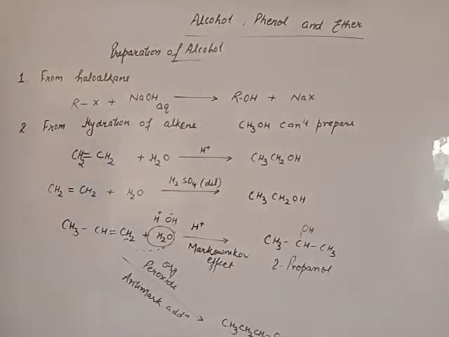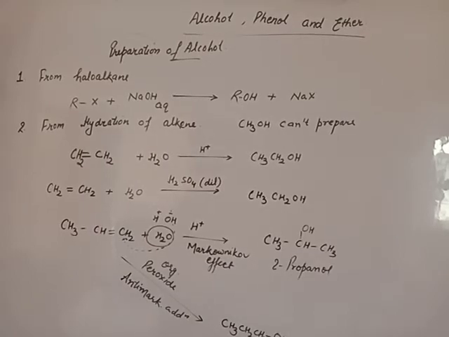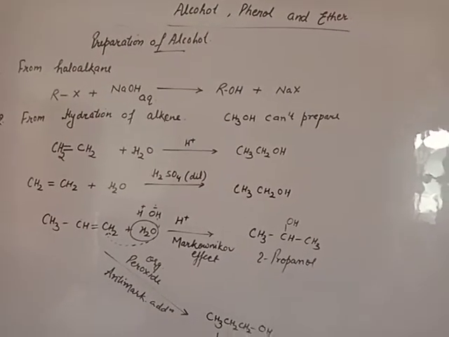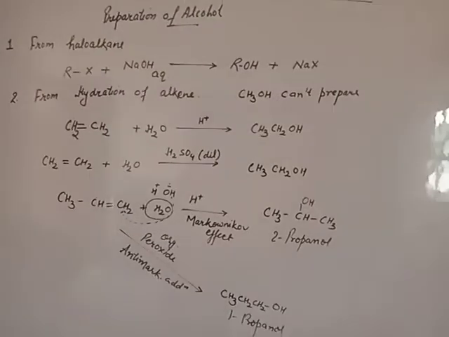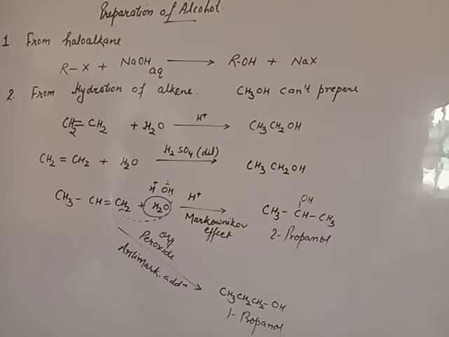So from the same reaction we prepare 1-propanol or 2-propanol, but only under the effect of either sulfuric acid alone or peroxide. If we use peroxide, the anti-Markovnikov rule is followed. If we use only sulfuric acid, Markovnikov addition is followed.